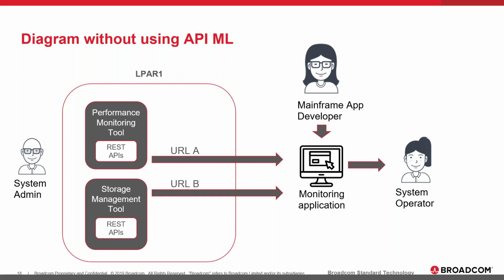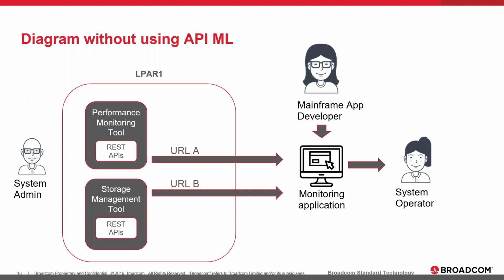So let's look at the diagram briefly so that you can see what I have in mind. On the left there is a system administrator who installs the product instances, as I said, to monitor performance and storage with their corresponding REST APIs.